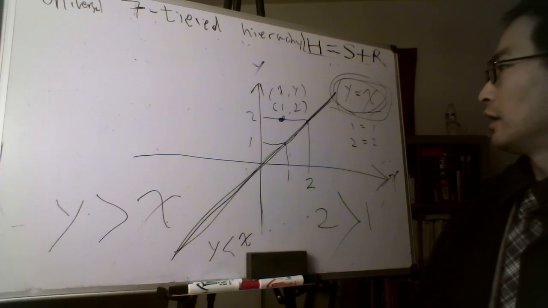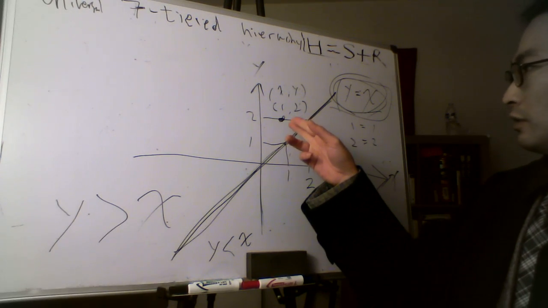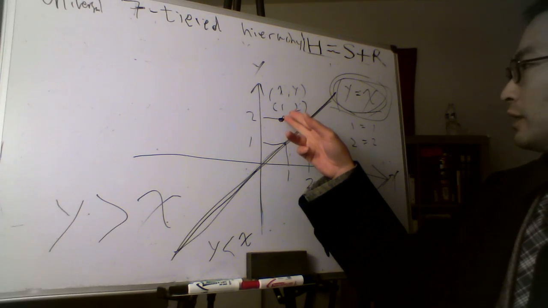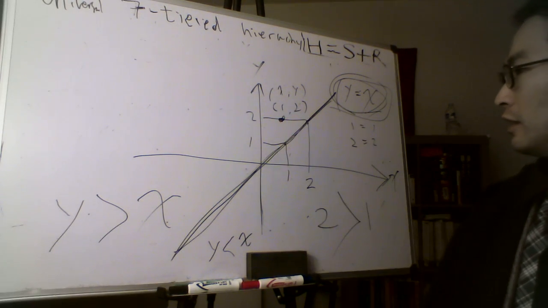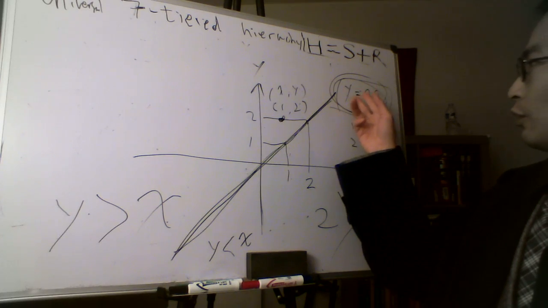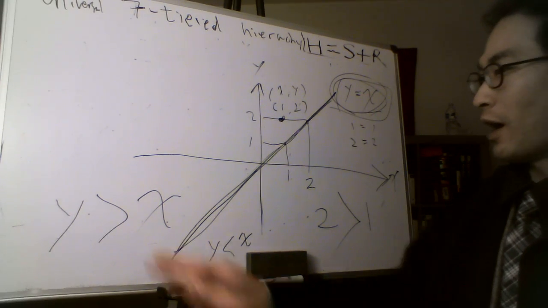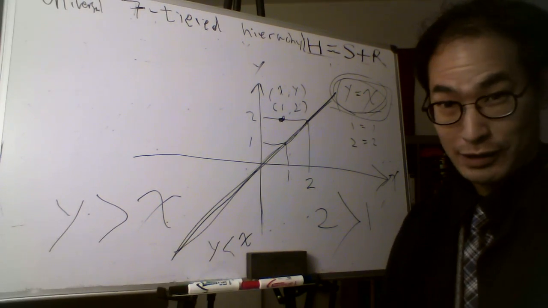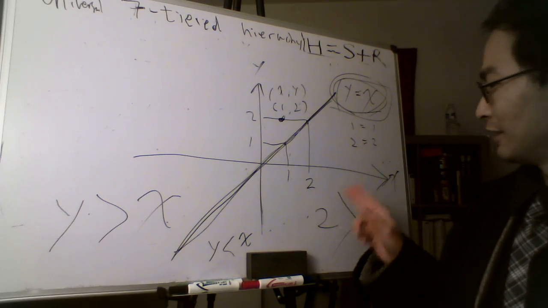But if this point is outside this line, then x is no longer equal to y. It's either y is bigger than x or y is smaller than x, right?